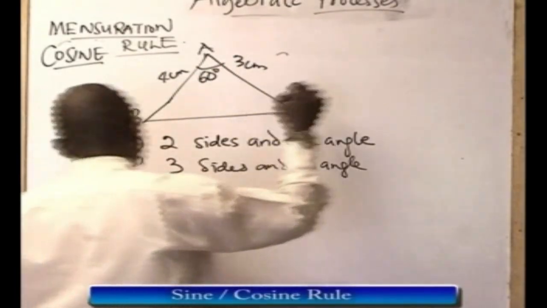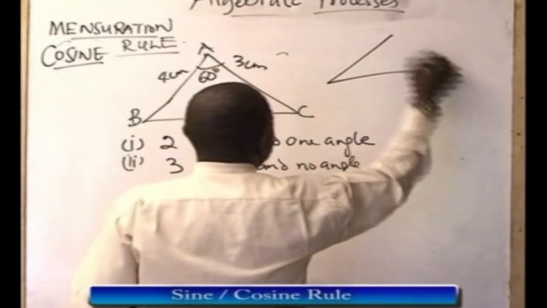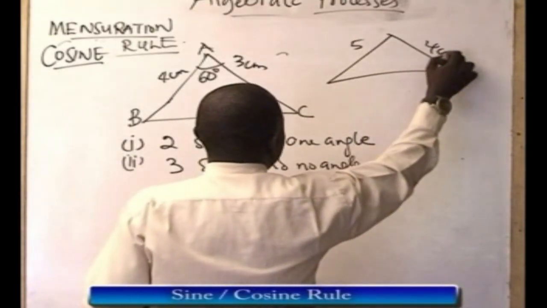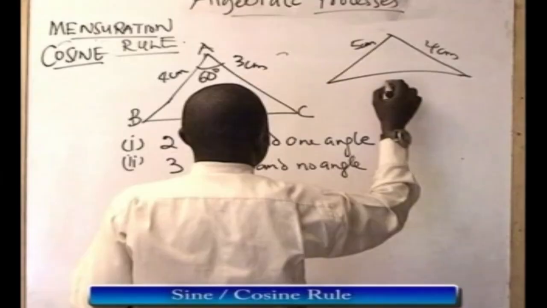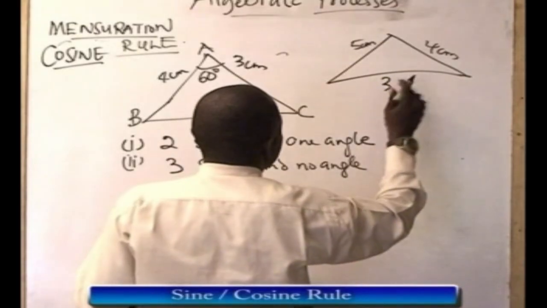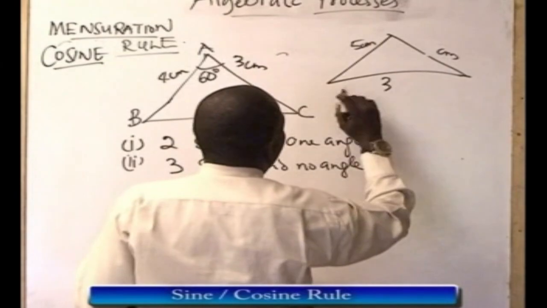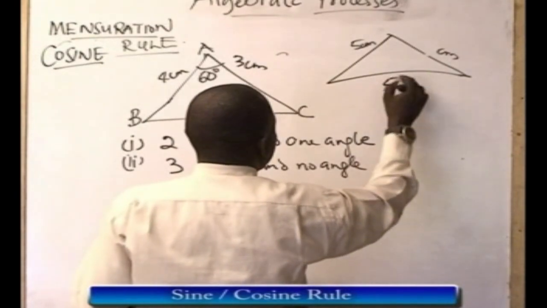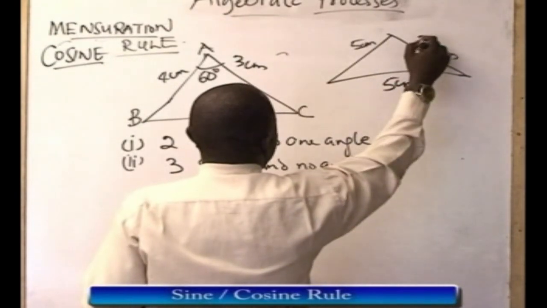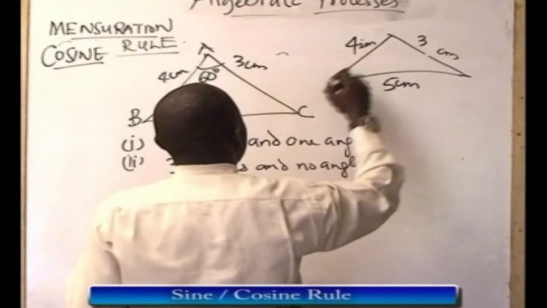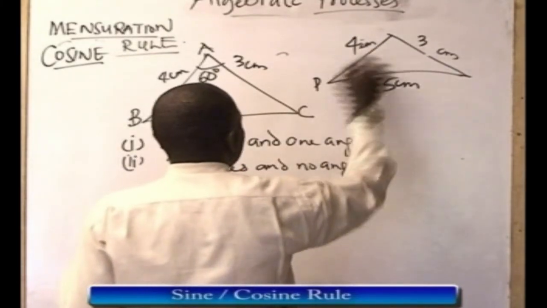Then the second one looks like this: you have 4 cm, 3 cm, and 5 cm, with the triangle being PQR.